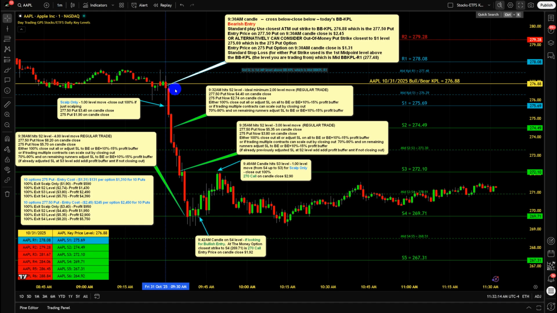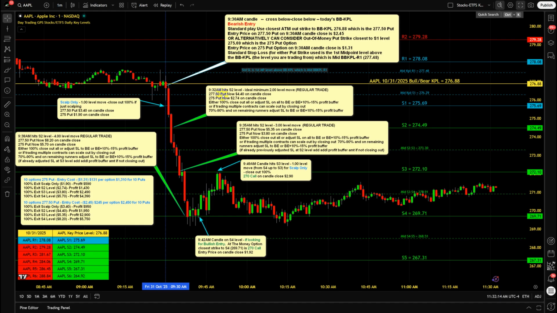But I will explain how the minimum would have been, and then what your different options would have been as it continued to move down. However, in this particular video, we're just showing the one level move increments for this one today. If you look at our SPX videos on the daily key levels indicator, you'll see where that's more fully explained in the half level increments once it's exceeded a certain minimum threshold.